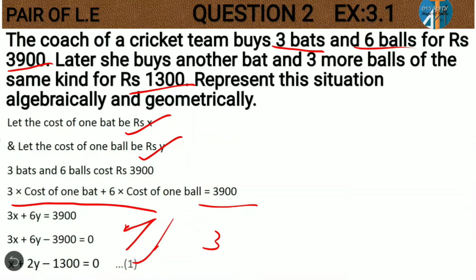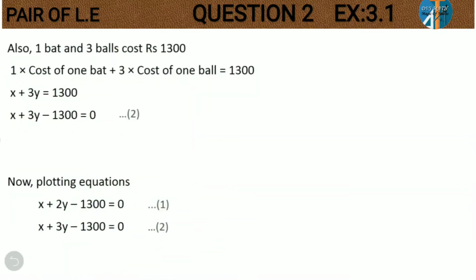Equation 1. Next situation: 1 bat and 3 balls cost 1300. So 1 into the cost of 1 bat plus 3 into the cost of 1 ball, you will get 1300. So x plus 3y is equal to 1300. Take 1300 to the LHS, it becomes x plus 3y minus 1300 is equal to 0.